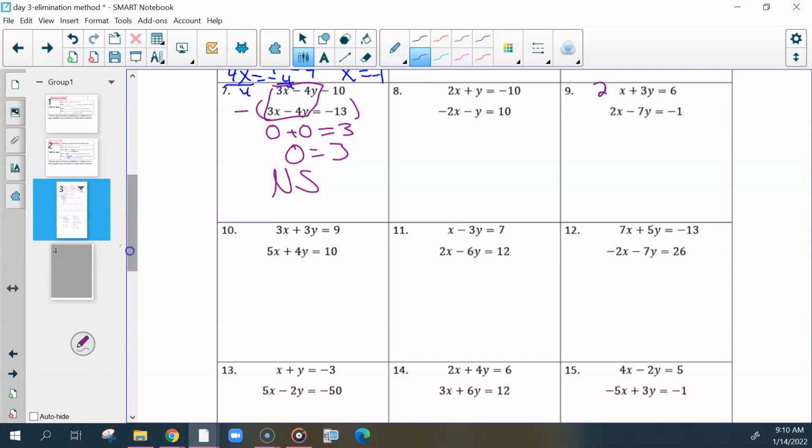So when we do this, we're going to multiply this entire equation by 2, because we can't just multiply one part of it. When we do that, I'm going to write this underneath here. So that new equation would be 2x plus 6y equals 12.